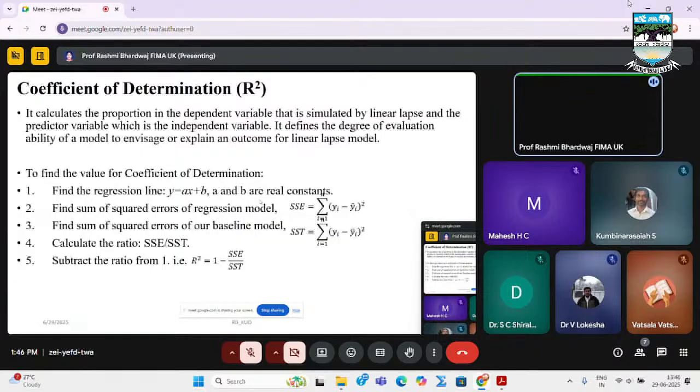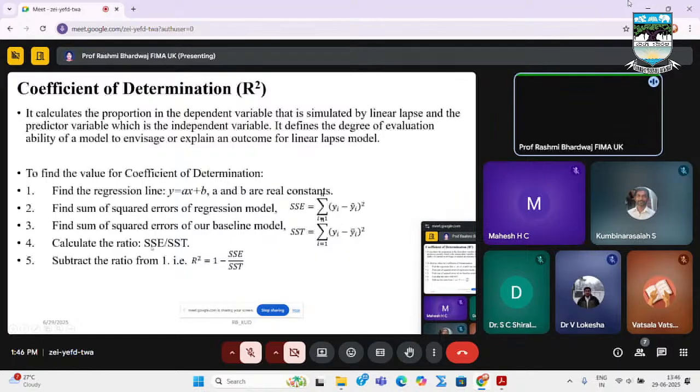We have the coefficient of determination. This is important. From the given data, we find the regression line. Find the sum of squared errors of regression, which is the sum of (yi minus yi hat) squared. Then we have the sum of the squared errors of our baseline model. This is the regression model for what we forecasted, and this is the base model which is given.